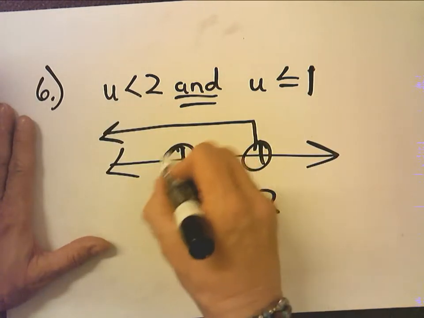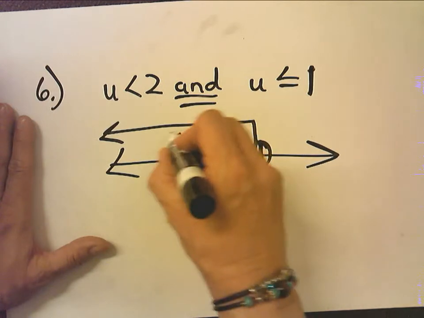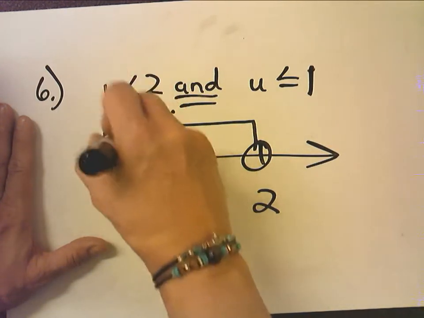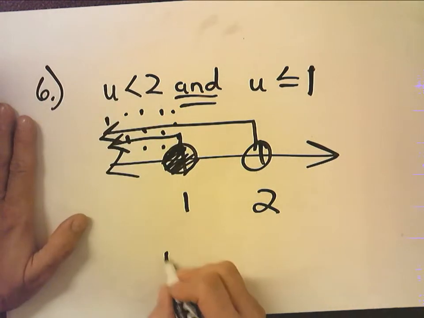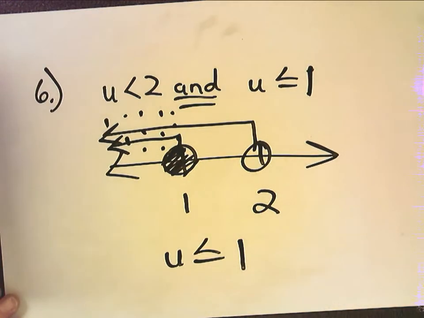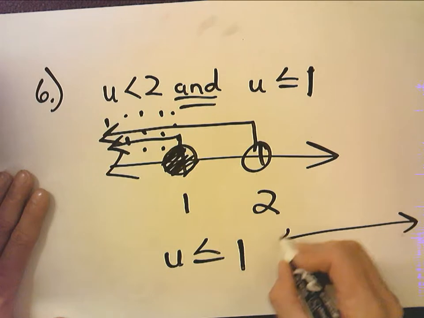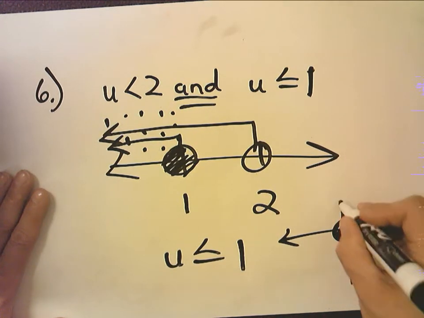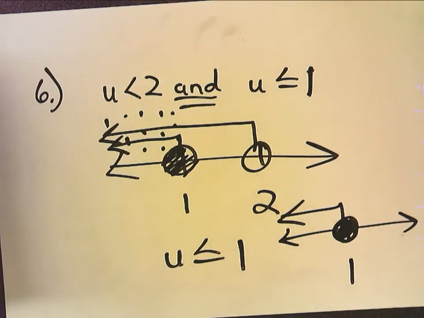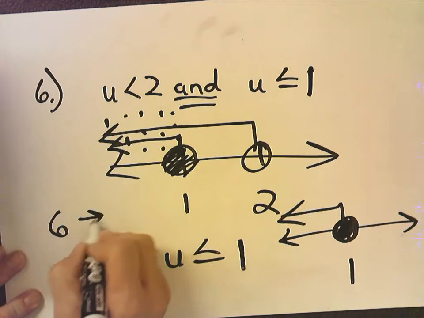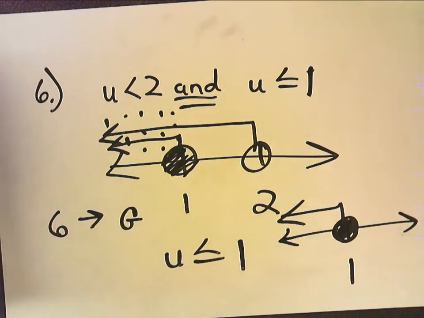If something is less than or equal to 1, it goes this way. This is where it overlaps. It overlaps at u is less than or equal to 1. So the answer is u is less than or equal to 1, and the graph just looks like this, and that graph is G. So 6 is G.